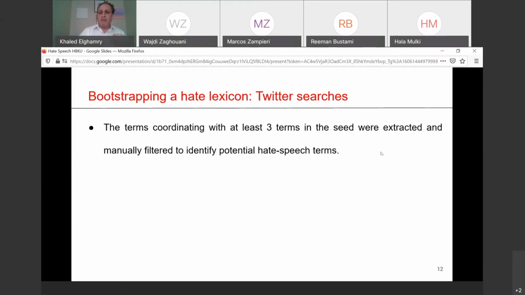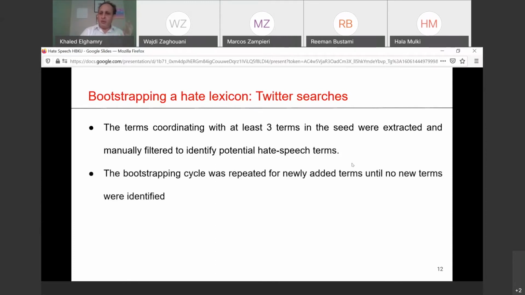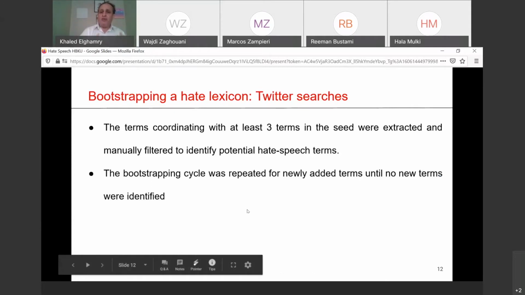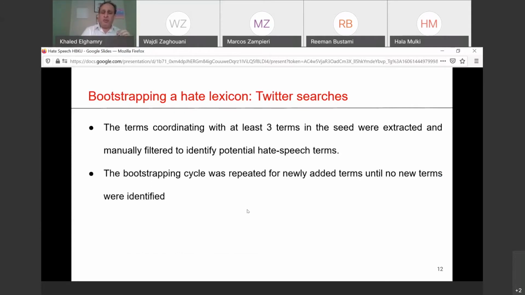The next step after this search: terms coordinating with at least 3 terms in the seed were extracted and manually filtered to identify potential hate speech terms. The bootstrapping was repeated for newly added terms until no new terms were identified.